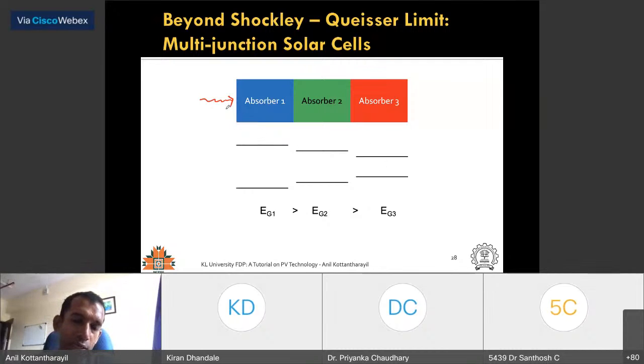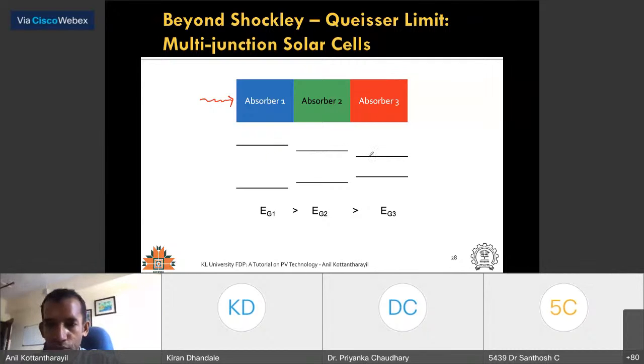What it means is that the larger energy photons will be absorbed here, and the smaller energy photons cannot be absorbed in this material because they have smaller energy than its band gap. So they will be transmitted. What cannot be absorbed in this material will be transmitted and absorbed here.